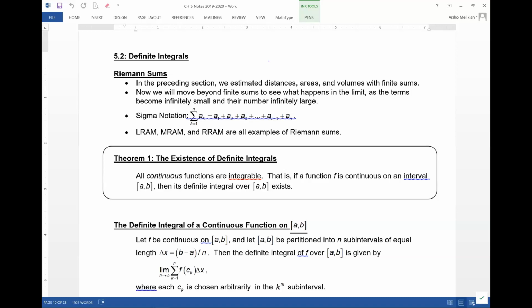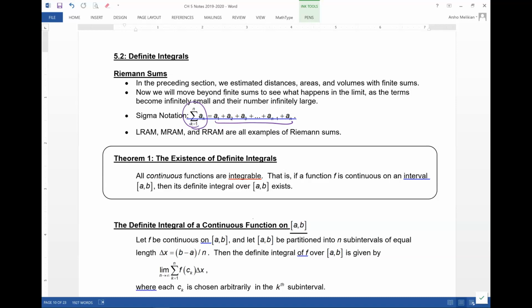So if what we were doing before was adding up all of the areas, then we can write it in sigma notation like this: A1 plus A2 plus A3 all the way to An. These are the areas of the individual rectangles, and we added them all up. In sigma notation, this is the summation, adding up all of the individual areas from 1 to n.